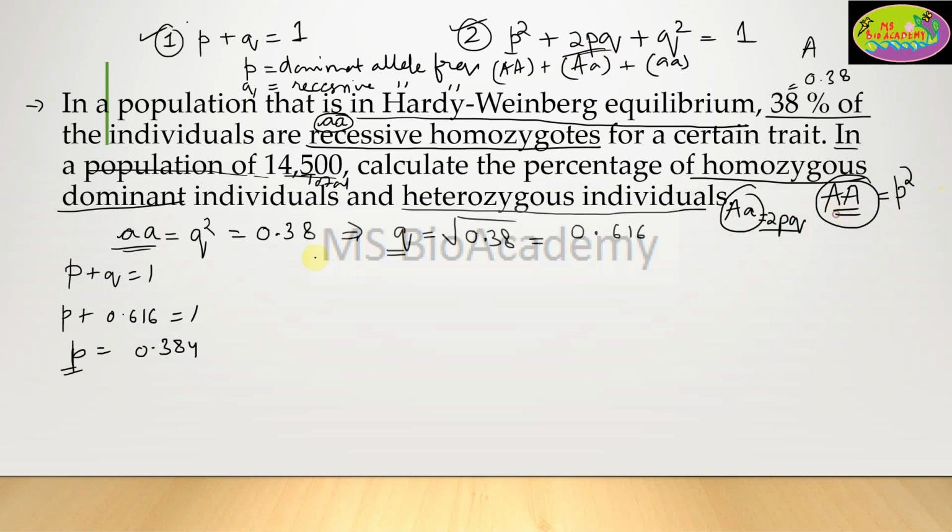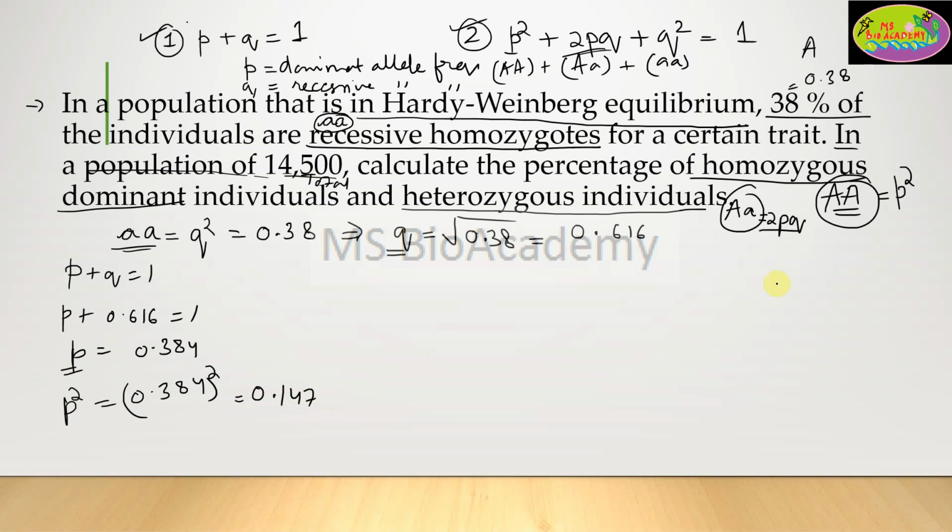For P square, that is homozygous dominant, just do P square. We know the value of P, so 0.384 whole square will give you the homozygous dominant genotype frequency, which will come to some 0.147.